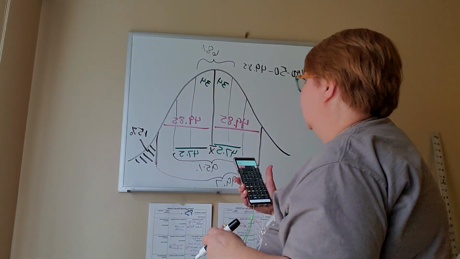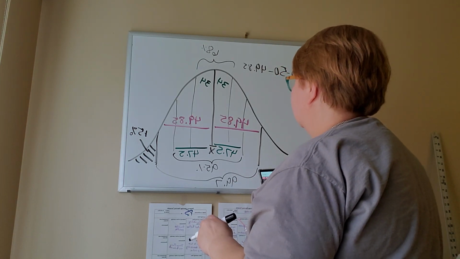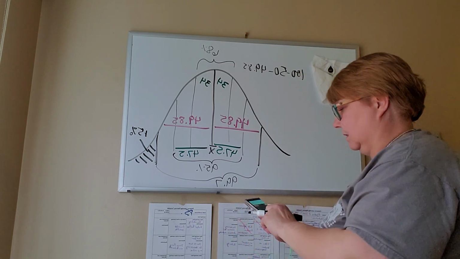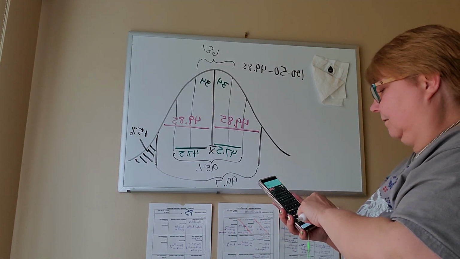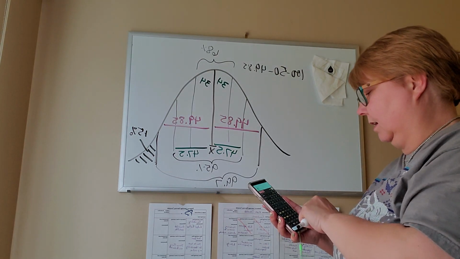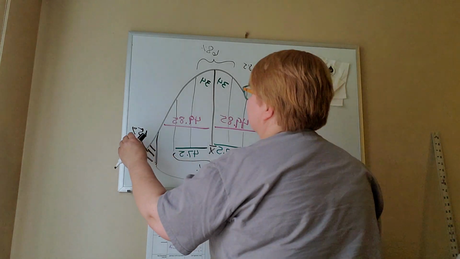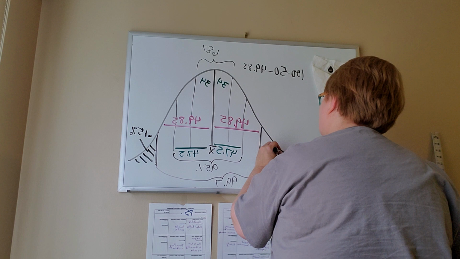No, that seems like a lot. Wait, let's see, 49.85 plus 50 is 99.85, minus 100, that's 0.15, and 0.15 on the other side.